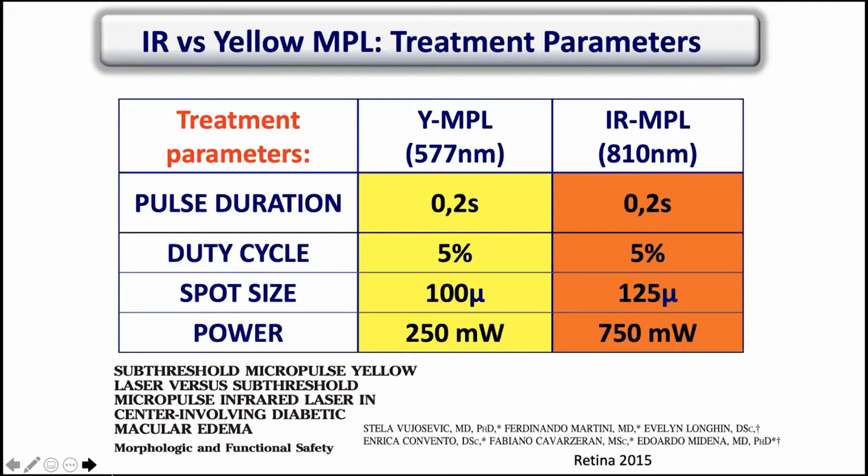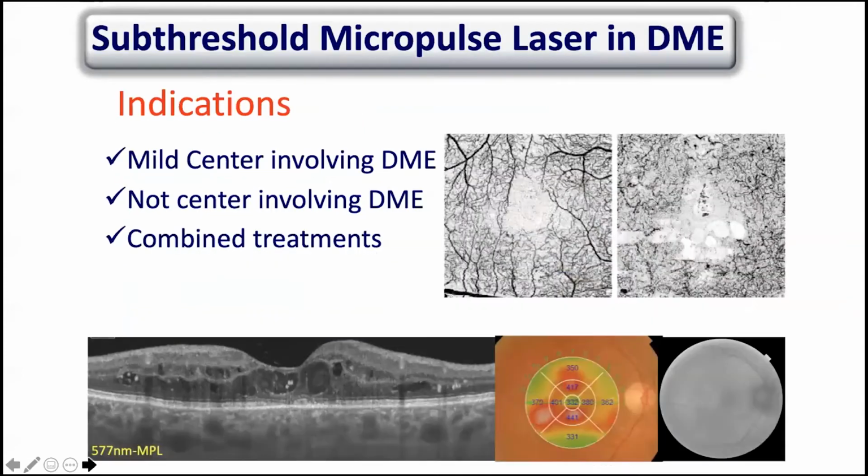And definitely since then, when we use the yellow micropulse laser, we always use the same parameters. So this is the pulse duration, 200 microseconds, the lowest duty cycle, 5%, the spot size, 100 microns, so the lowest, and the power, 250 milliwatt.